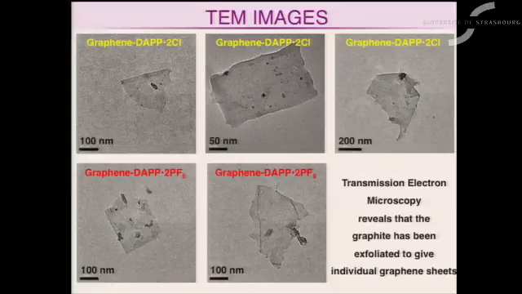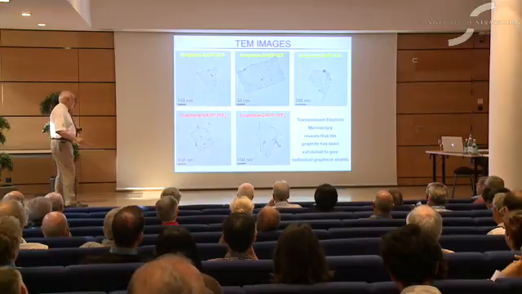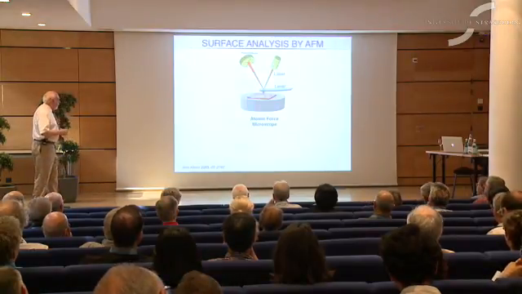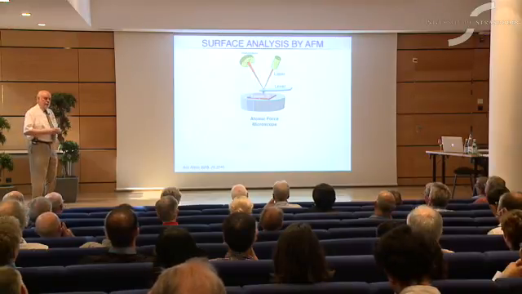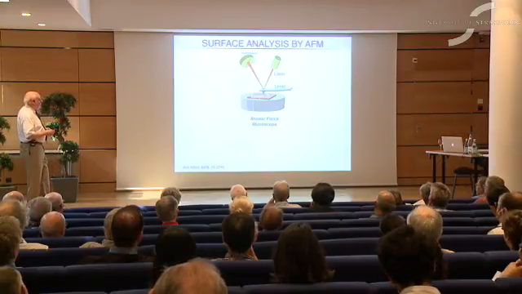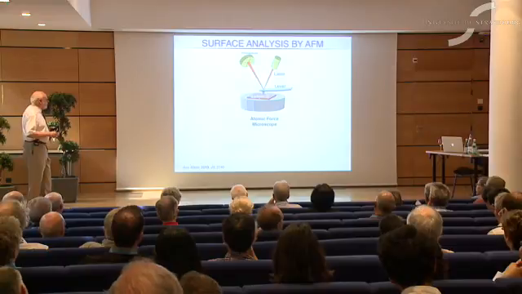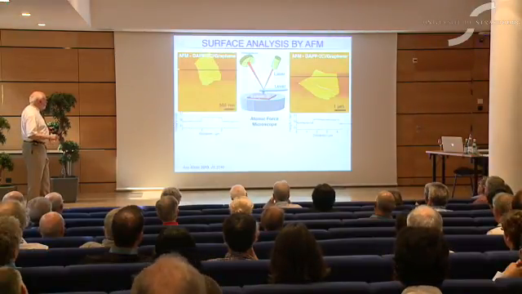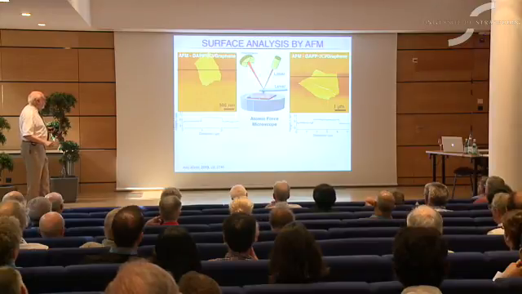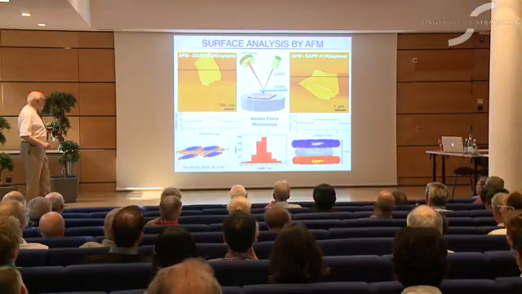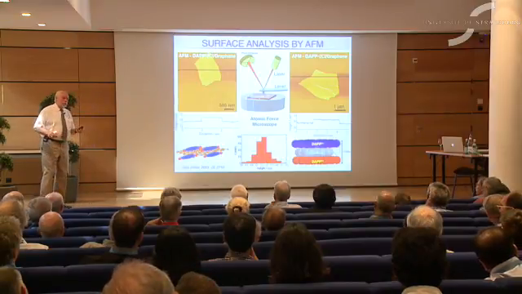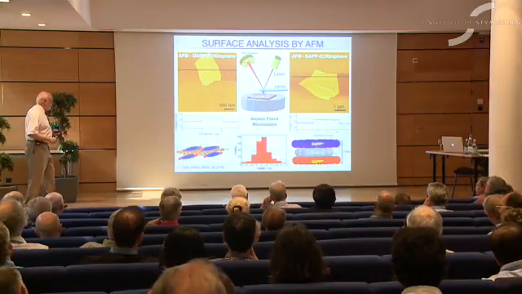And again, you can see these flakes have been produced, revealing that there's some exfoliation of the graphene happening. And then finally, by AFM, we got a more quantitative measure of what was going on here, to the extent that the scans that went across these flakes indicated a distribution of heights that would suggest that we don't have a hugely efficient process.